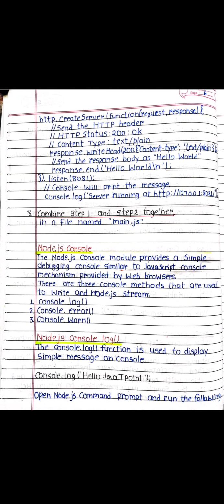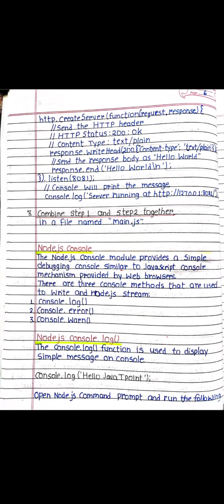For example: http.createServer(function (request, response) { HTTP header, HTTP status: 200 is OK, content type is text/plain. response.writeHead(200, {'Content-Type': 'text/plain'}). Send the response body as Hello World.